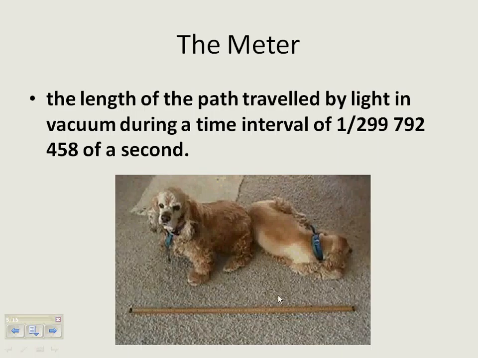These definitions are more for your interest rather than for you to memorize. We now define a meter as the length of a path traveled by light, I believe it's krypton light, in a certain time interval.